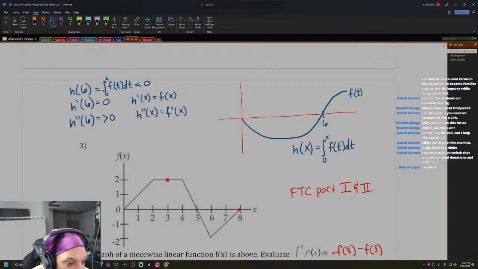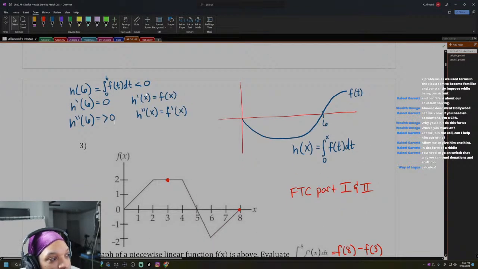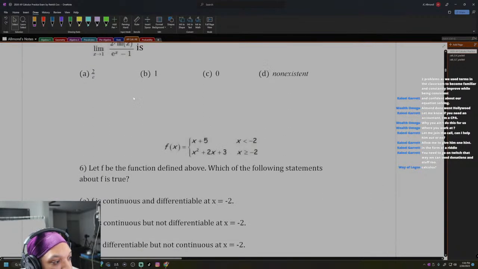So that's how we rank them. One's negative, one's 0, and one's positive. So we go from least to greatest.